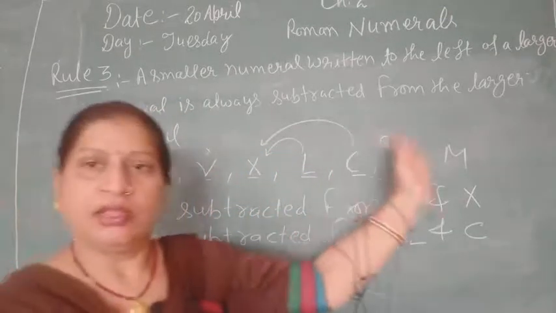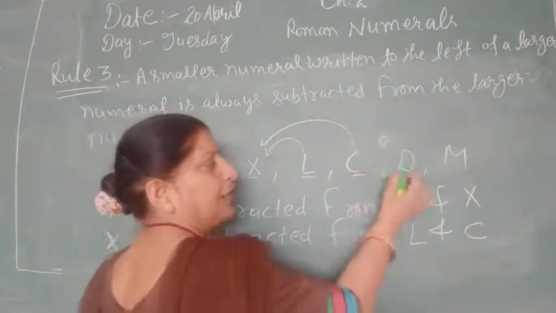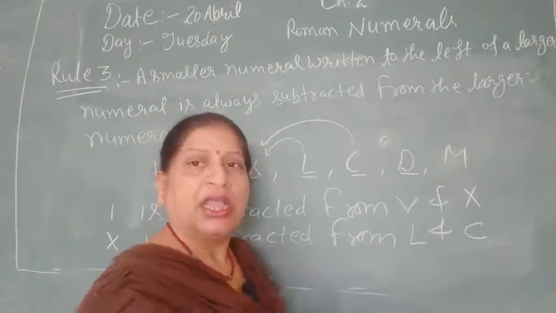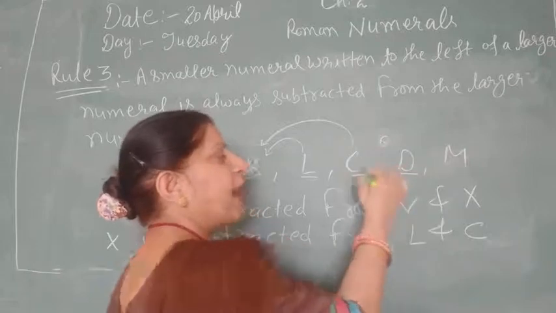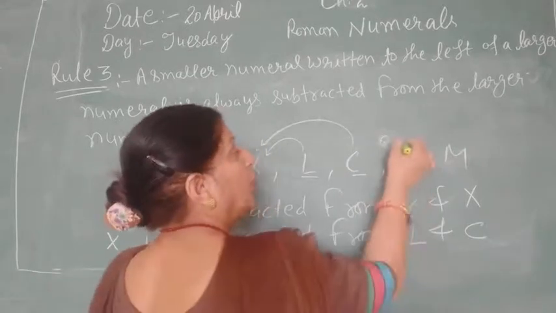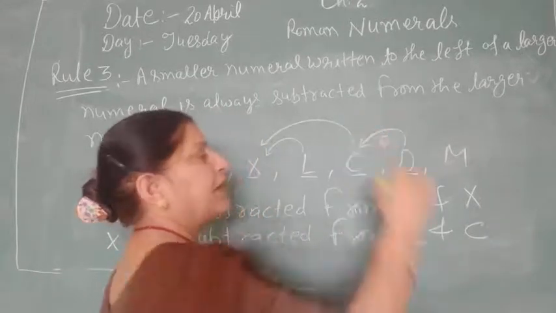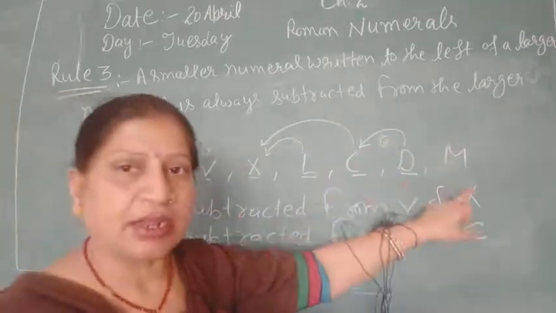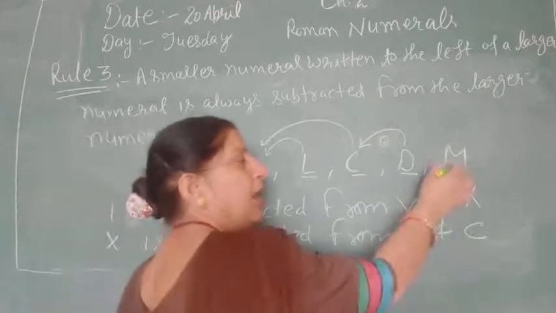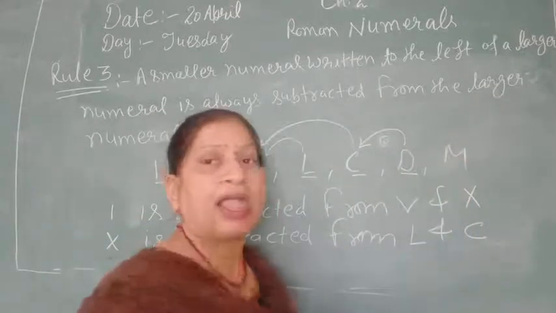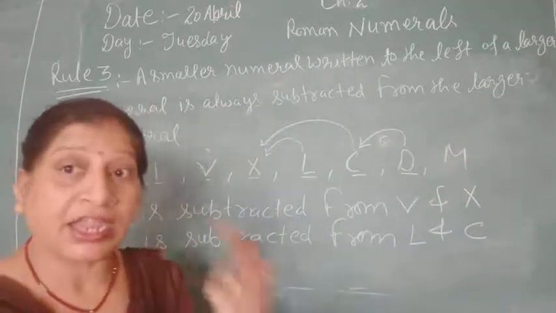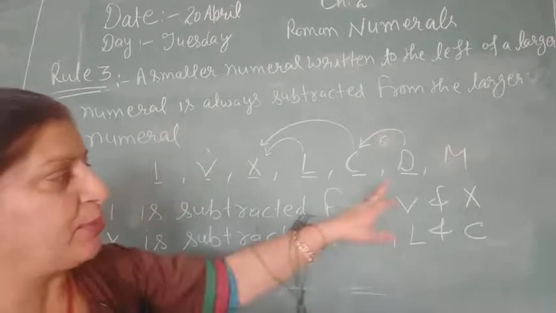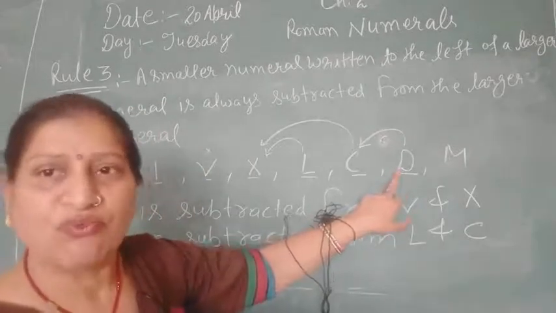Now we follow the next step. Next number is D and C is nearby D. So C is subtracted from D. Now we take the next number. Next number is M and D is nearby M. But again we have to follow the same rule. D belongs to 500.